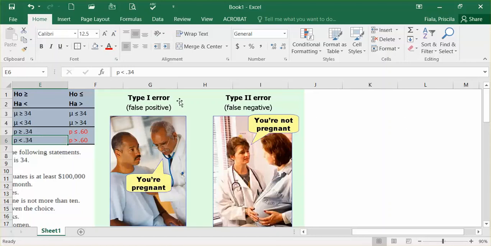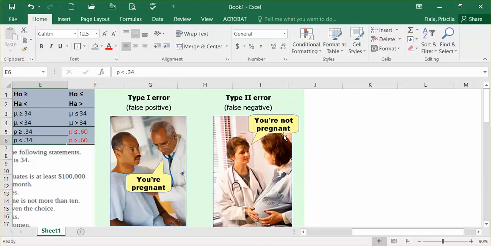So in this case, a doctor is telling him he's pregnant when we know it's pretty much impossible. Therefore, he's confirming something that is false, a false positive. And here, since we are basing everything on pregnant, not pregnant, we are talking about pregnancy.